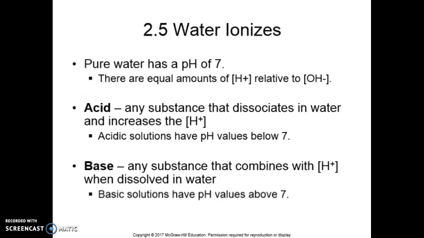And then conversely, bases or alkaline substances have more hydroxide ions than hydrogen ions. And I forgot to point out here that these brackets around this ion, those indicate concentration.